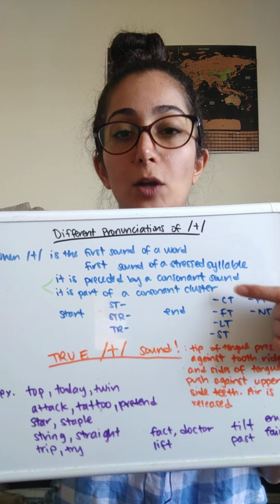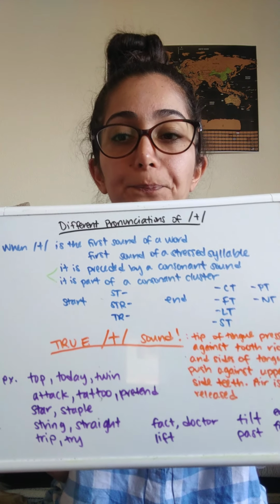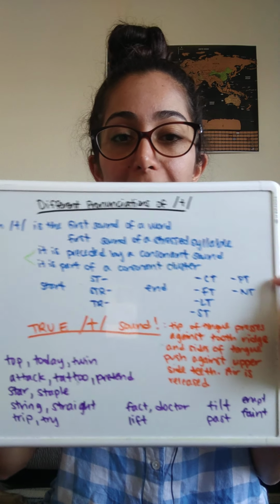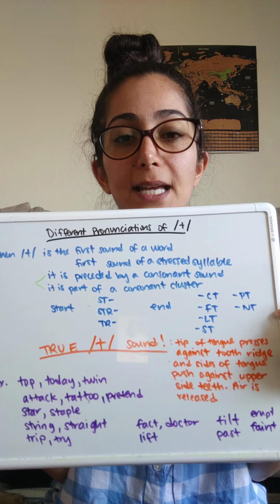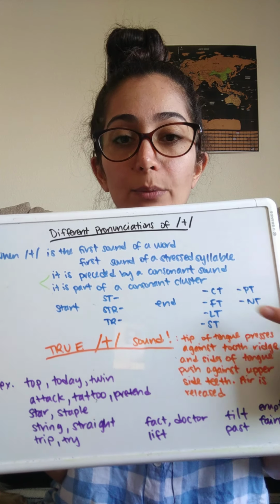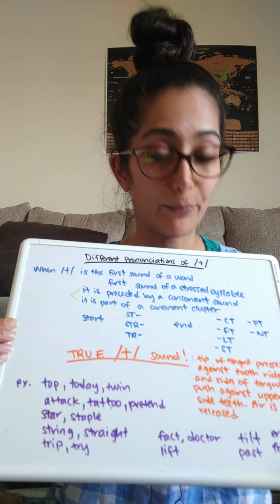So consonant clusters are two or more consonant sounds right next to each other. So examples here, at the start of a word, at the end of a word, it can happen in the middle of a word. We're going to go over those examples. Okay, so normally it's before the T, but sometimes not, right? We have some examples where it's TR, for example.